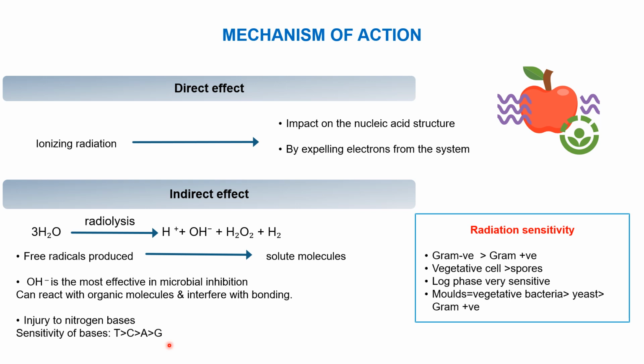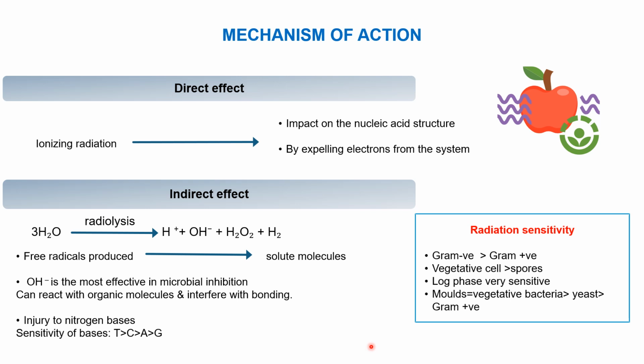For example, radiolysis of water results in production of hydrogen ions, hydroxyl ions, hydrogen peroxide, and hydrogen gas. We have seen that hydrogen peroxide is a potent bactericidal agent that is able to kill bacterial cells by abstracting electron from flavin adenosine dinucleotide molecule, resulting in cell death because of lack of synthesis of ATP.